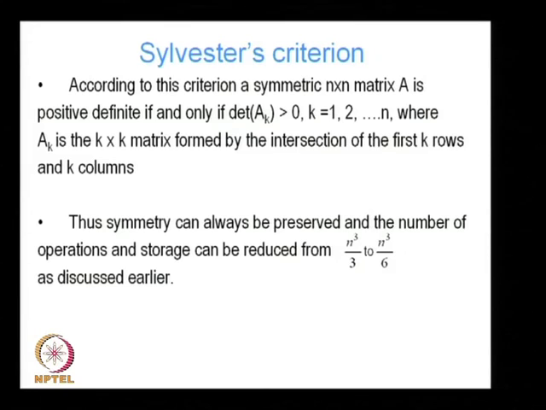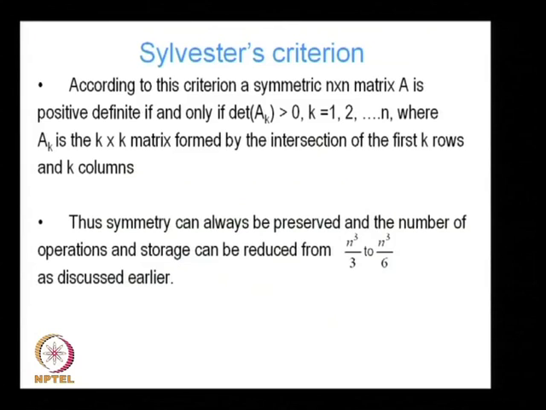So, we basically look at a series of submatrices starting with k equal to 1, which is just the element A11. Then with k equal to 2, we look at the square matrix formed by the intersection of the first two rows and first two columns, which is a 2 by 2 matrix with elements A11, A12, A21, A22.